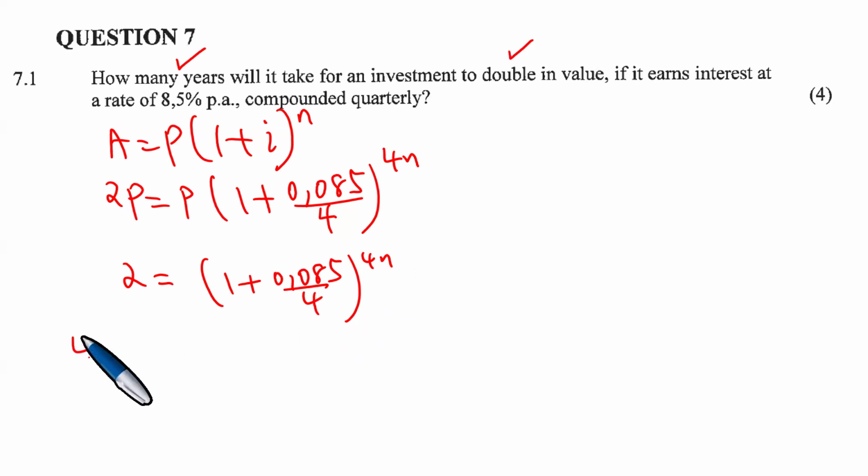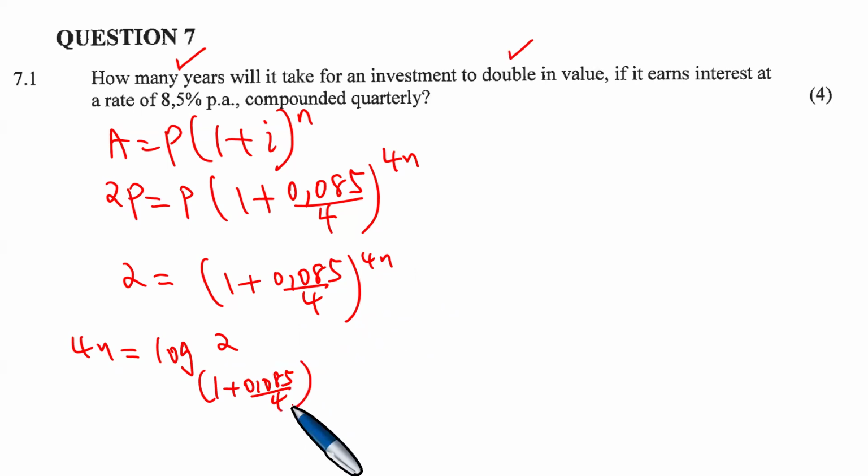So that in the end, we have 4n is equal to the log of 2 base 1 plus 0.085 divided by 4. Now you can solve for n.